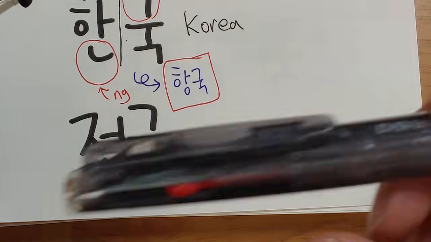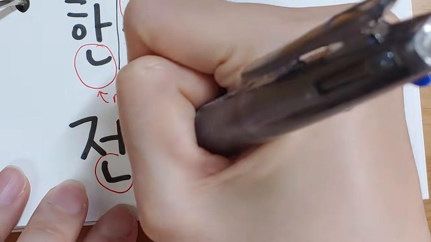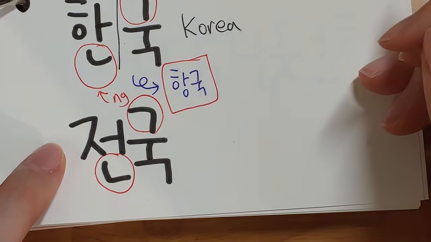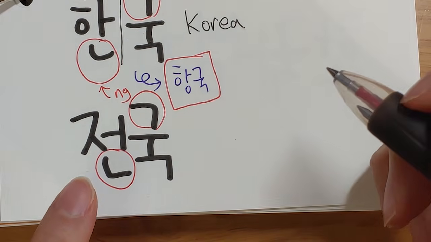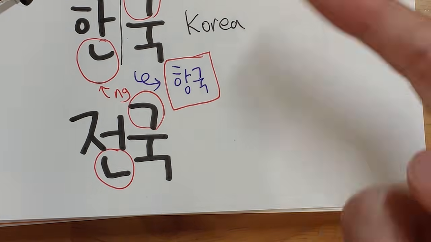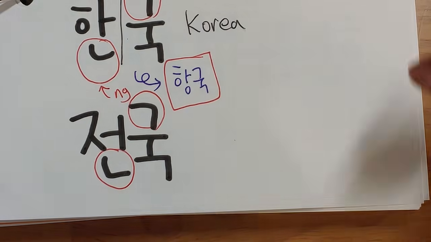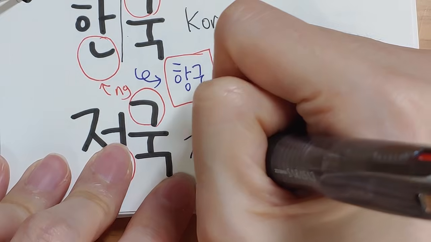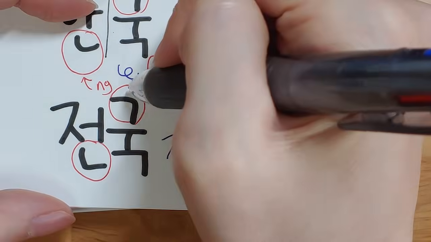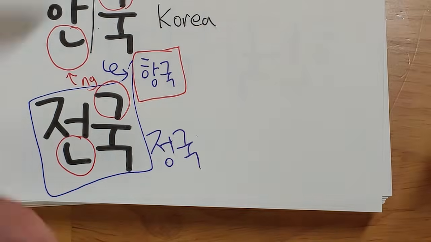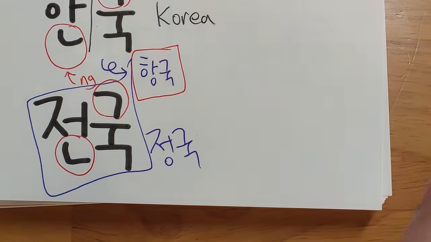And remembering that, I think you guys can pronounce this word by yourself. 전국, right? So you can enunciate it and say 전국. But if you speak it fast, it's 전국, right? 전국.